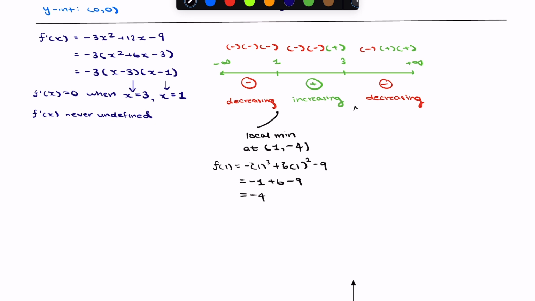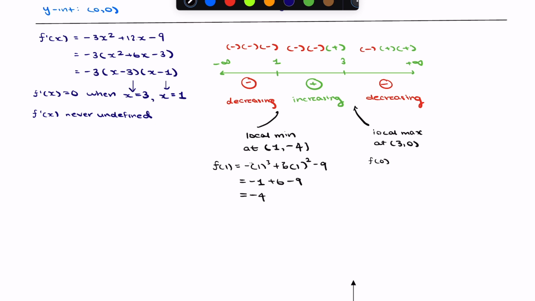And here at 3, we see that we can sub in a value of 3. So we'll see that when we sub that in, we have a local max at 3 and 0. Here, sub that in just to show that.